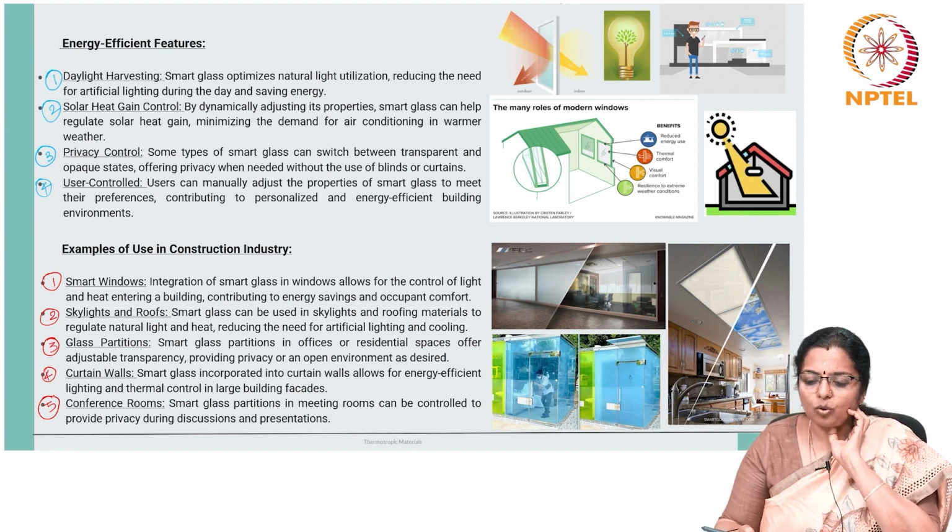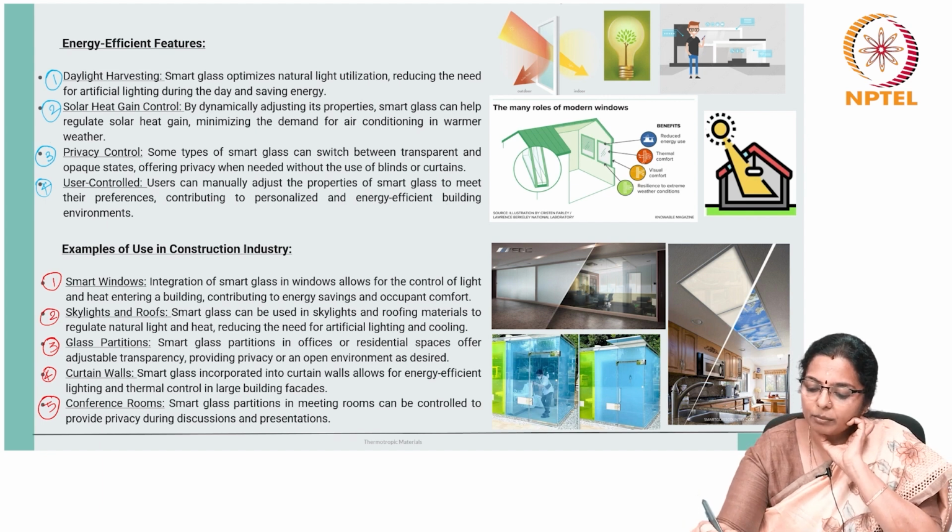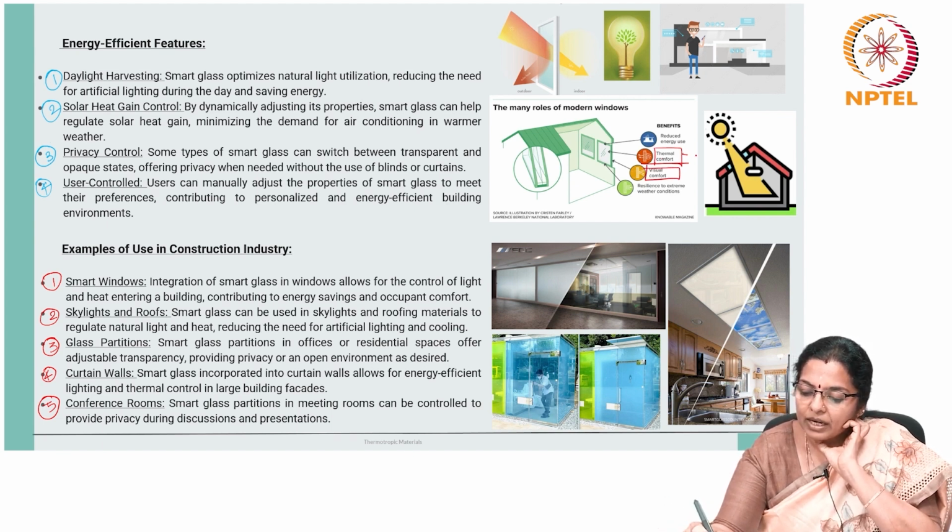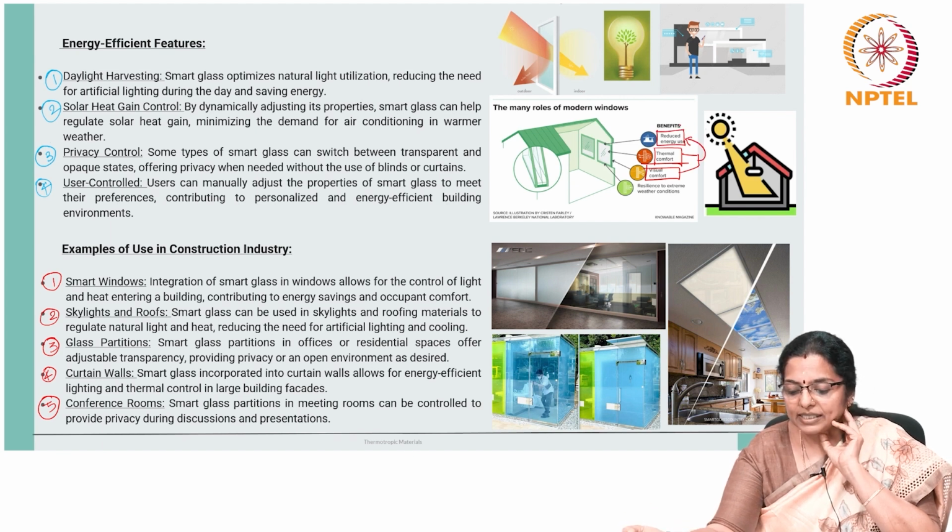There are many roles of a modern window. One main important role is the thermal comfort combined with the visual comfort. But in order to do that, the window has to necessarily reduce energy use in order to be sustainable.